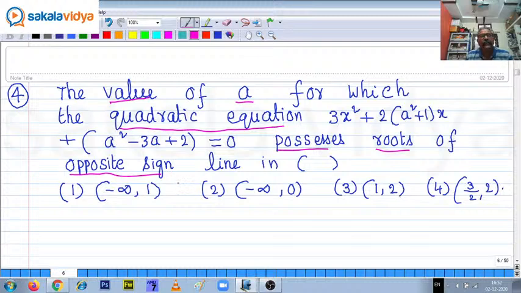Using these two inequalities, we can find the interval in which a lies such that the given quadratic equation has roots of opposite sign. So let us proceed for this question now.